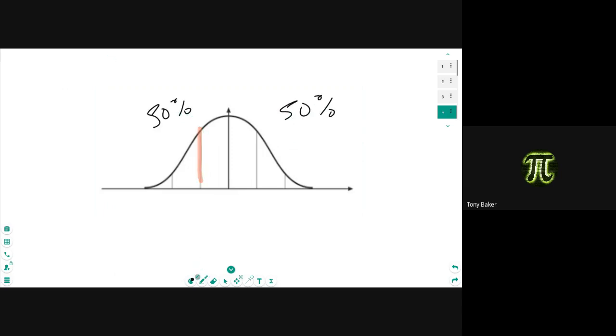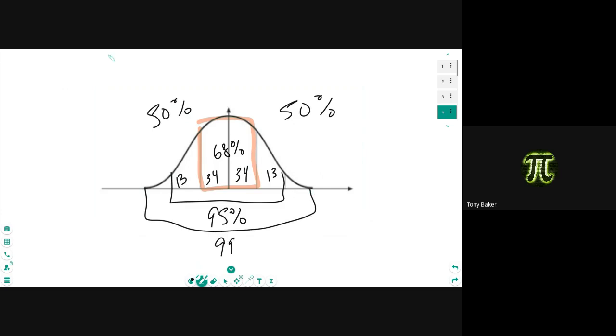When we're looking at this box in here, that's 68%, or 34 in each one, approximately. When we're going out one more, that's the 95%, so we have another 13% basically in each side there. And then when we go out the furthest one, we get the 99.7.